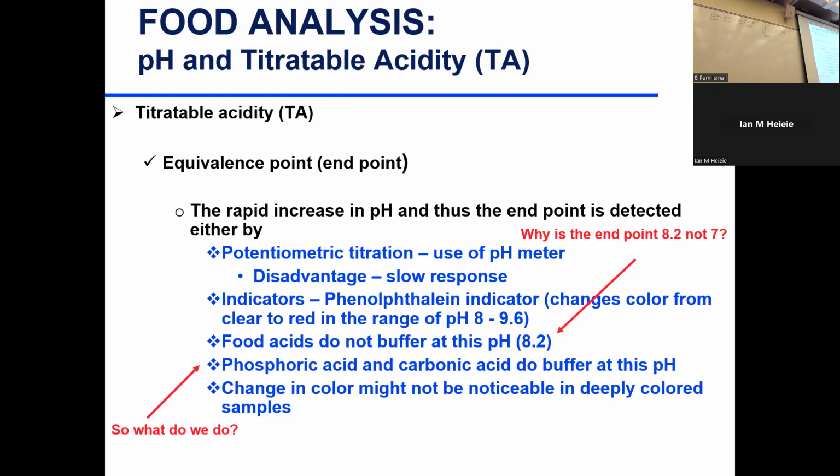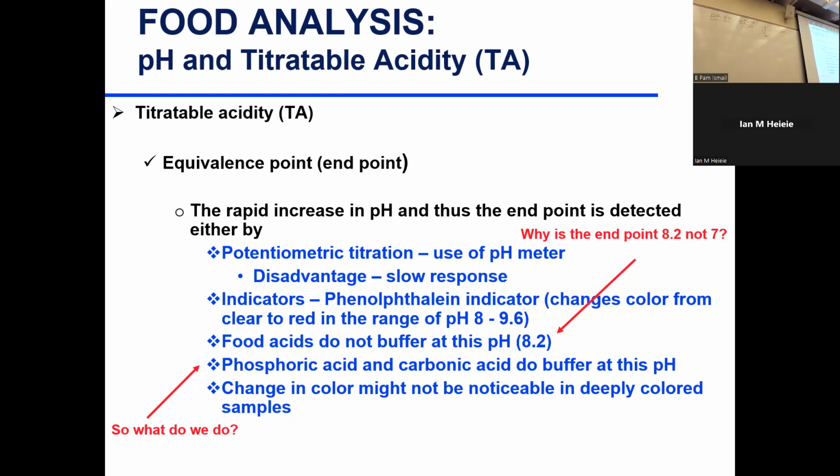Now, the problem is when you have inorganic acids like phosphoric acid or carbonic acid. These acids buffer at this pH, so we can easily overshoot if we're using phenolphthalein. We turn pink, and the pink fades over time. So for beverages that have these inorganic acids, what we do is just use the pH meter.